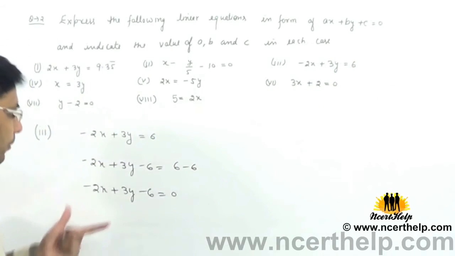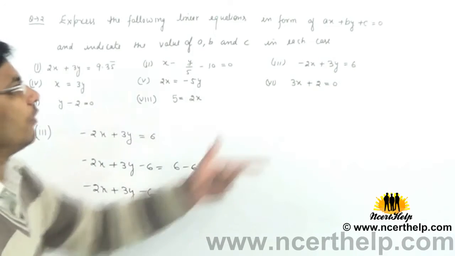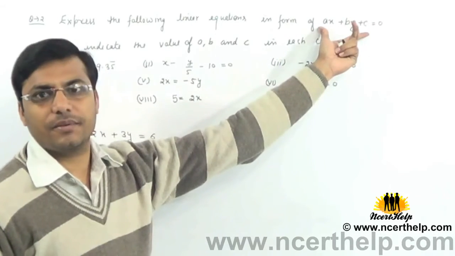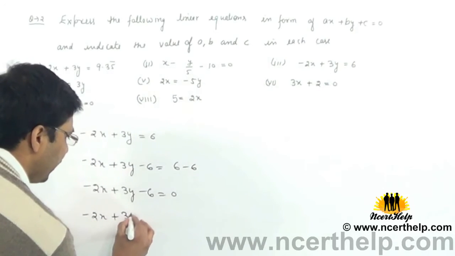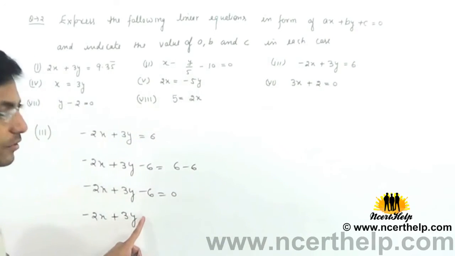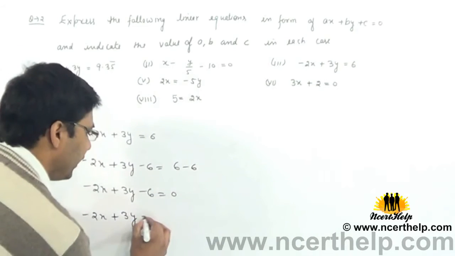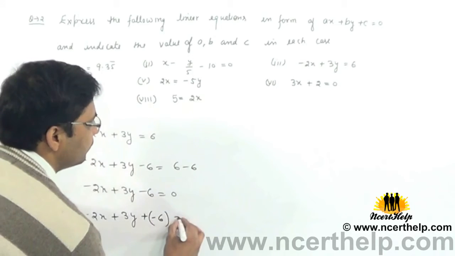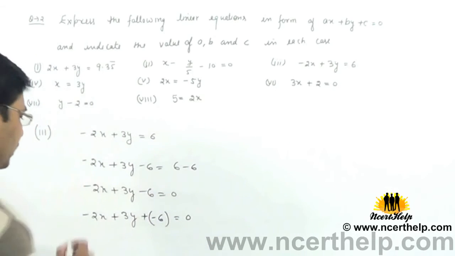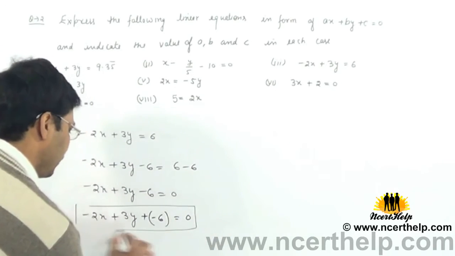Second thing, we have to convert this equation in the form of ax plus by plus c equals 0, so that there is already positive sign, but there should be positive sign. So how can we write it? We can write negative sign as positive negative. Now this is our first answer.